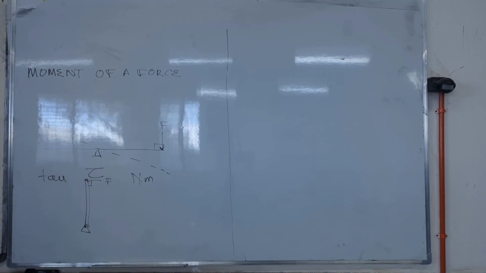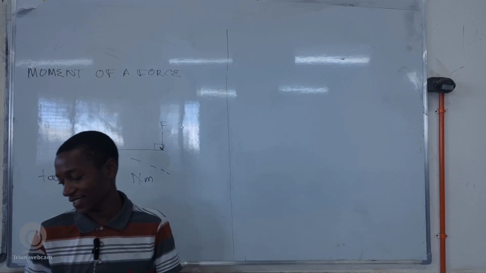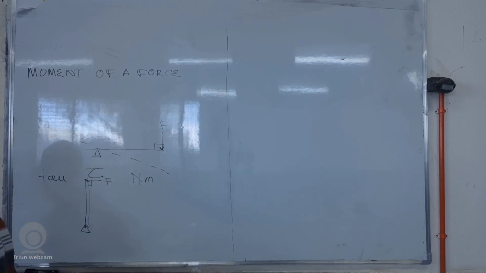Okay. So once we look at that, the other thing that you need to know is what we're calling the line of action. Do you know what that is? The line of action. What's the line of action? Yes, the line in which the force is acting. Guys, line of action.